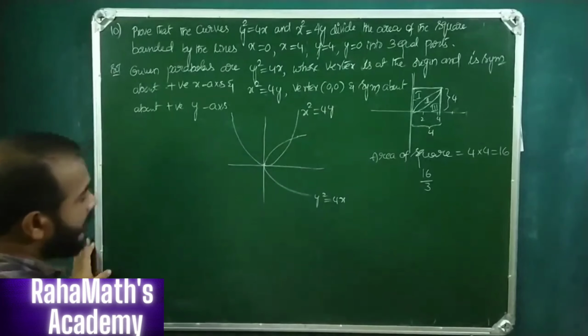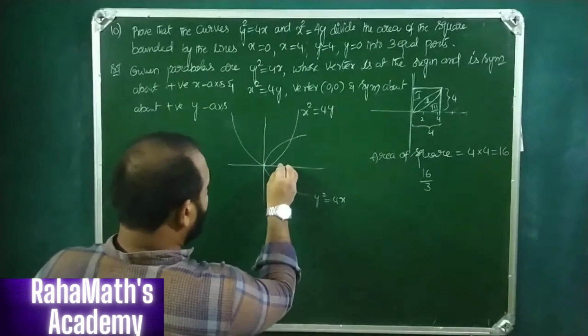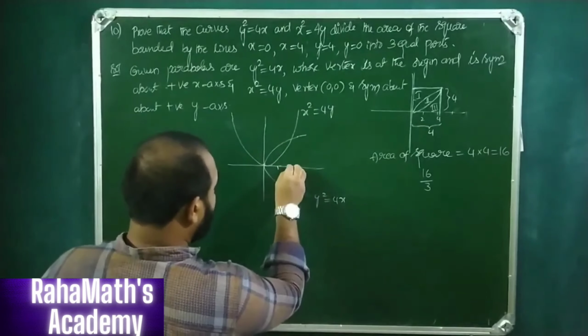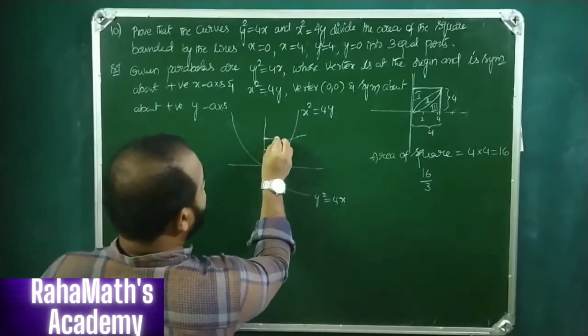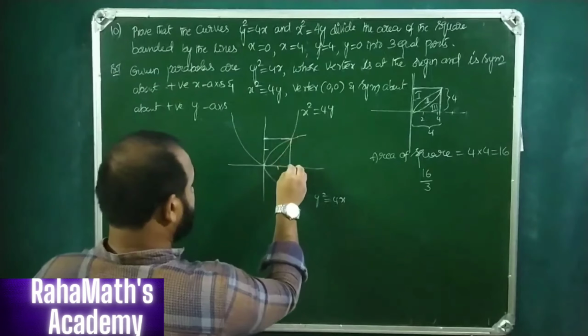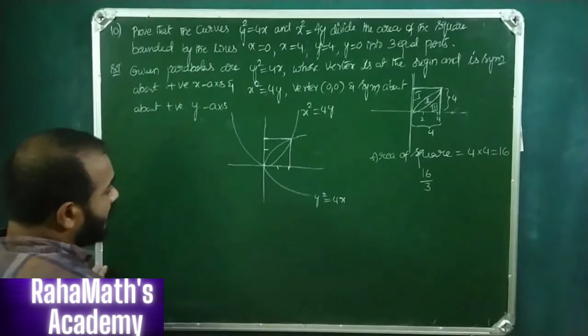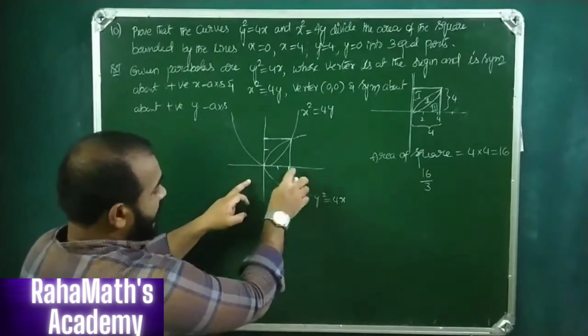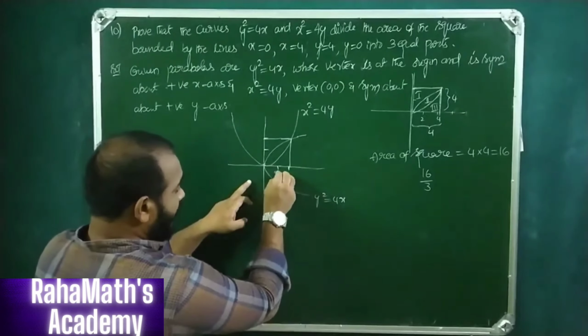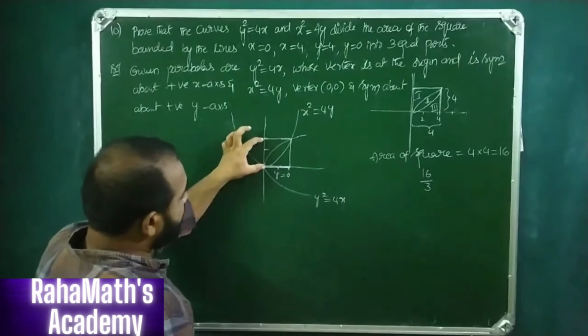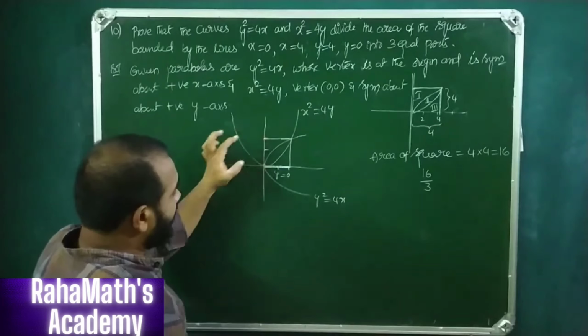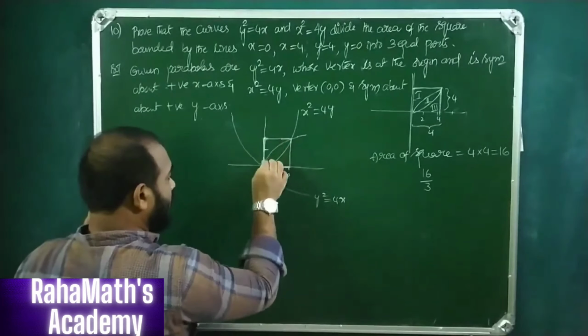And now, this is 2, this is 4, and this is 2, this is 4. Therefore, this is the y axis, this is the x axis, y equals to 0. And this is the y axis, x equals to 0.